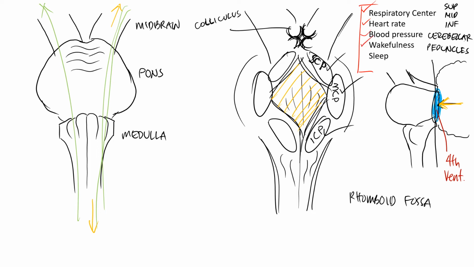You have your reticular activating system that basically governs wakefulness. You destroy the RAS, you basically put yourself into a coma. So your brainstem is a very important part.